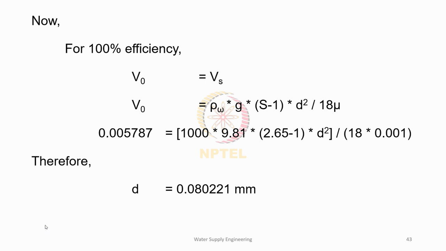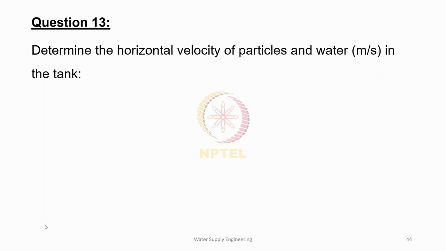Hope that is clear. So the next question is, determine the horizontal velocity of particles and water in the tank. So we need to determine the horizontal velocity, VH. Please solve and put the numerical in the chat box.